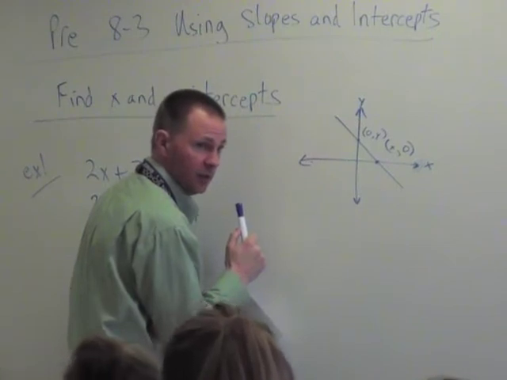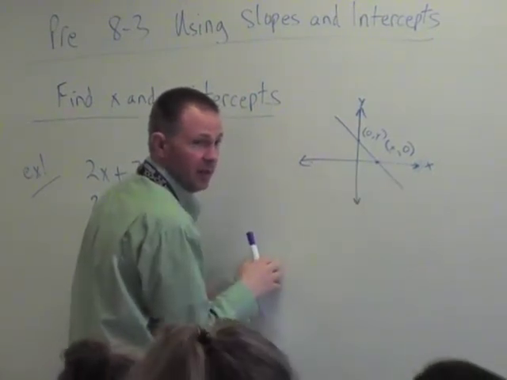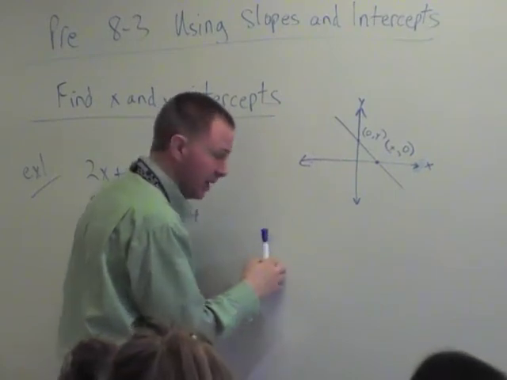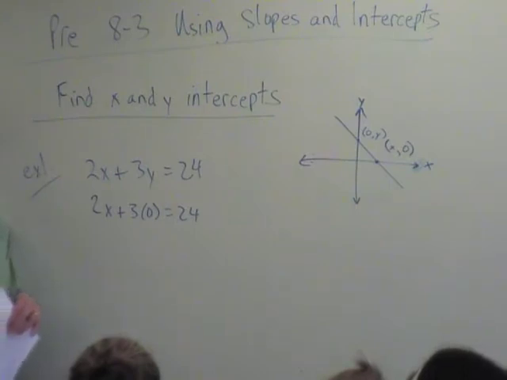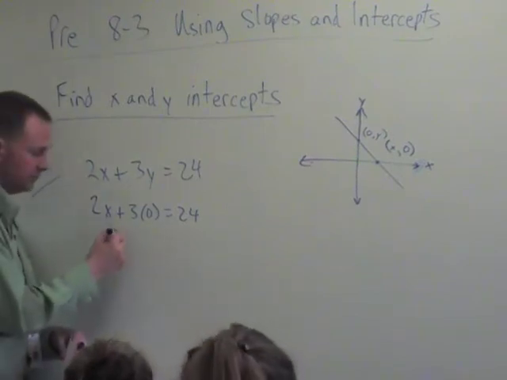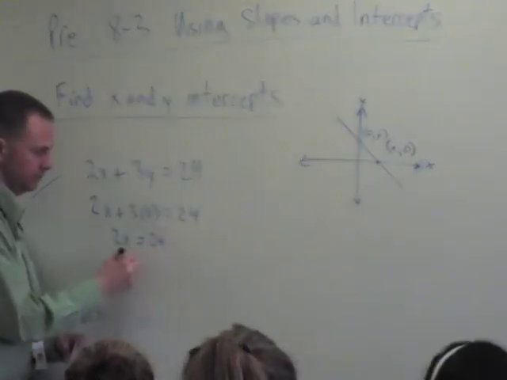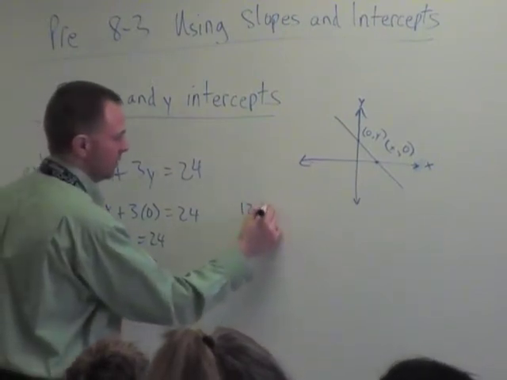You all told me that y was 0 at that point. So I don't know x, but I do know y for my x-intercept. I'm trying to find what x is when y is 0. What'd you get? 12. Right, so my x-intercept is at (12, 0).